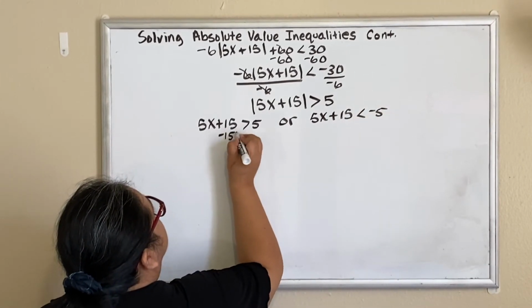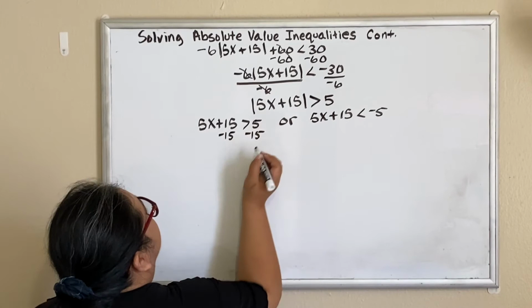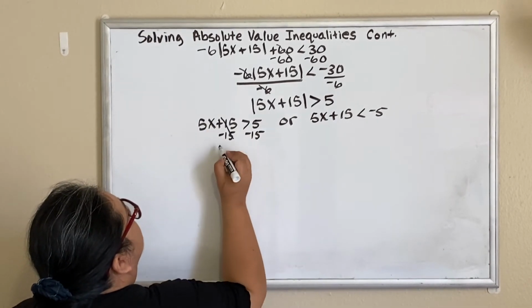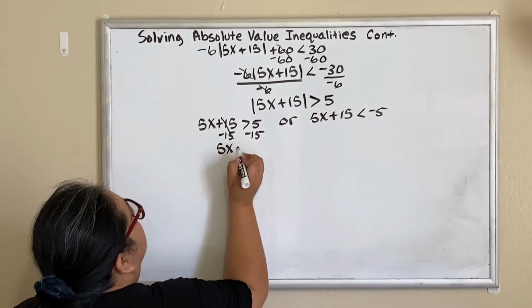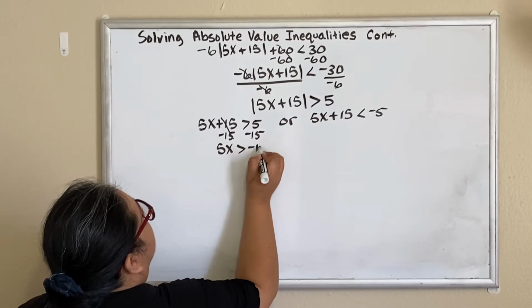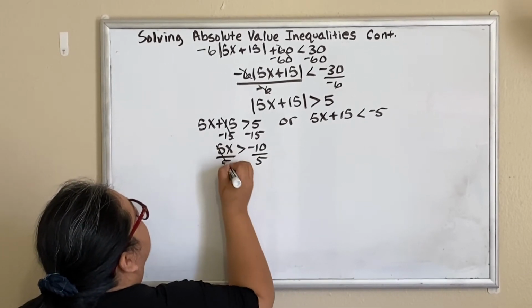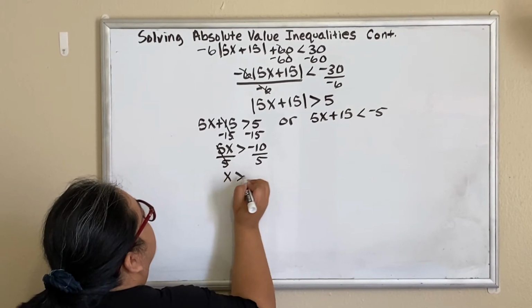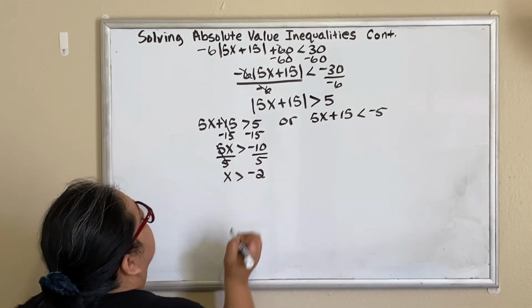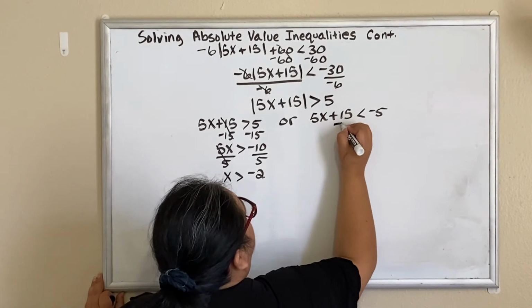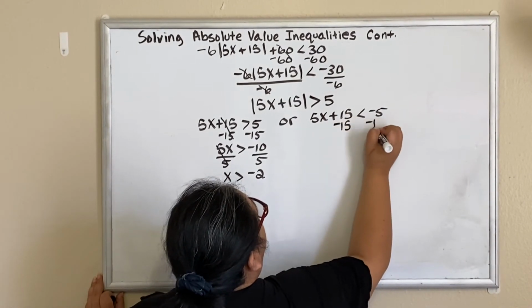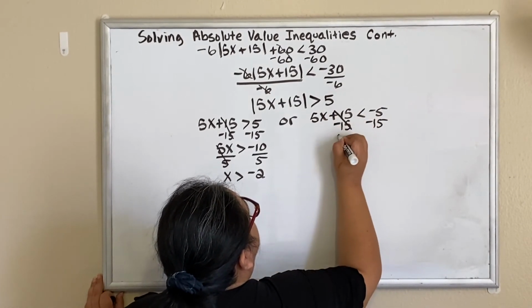And now we're going to solve. So we're going to subtract 15 from both sides, eliminating the 15, and we get 5x is greater than negative 10. Dividing by 5, we get x is greater than negative 2. Over here we're going to subtract 15 as well, eliminating the 15.